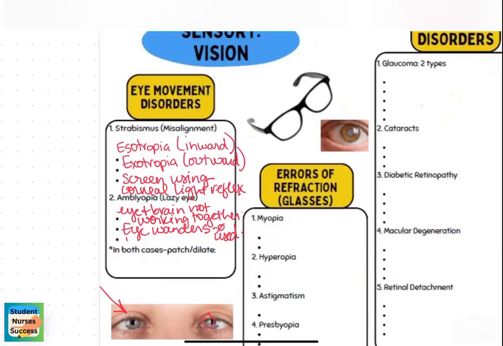You can screen for this using the cover-uncover test. And usually when you uncover, you can quickly catch that eye wandering. In both cases, these can be treated with either patching or dilating the good eye to make the bad eye work harder. If that doesn't work, then you might need surgical intervention.